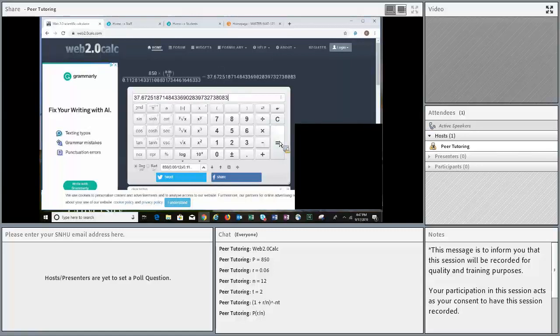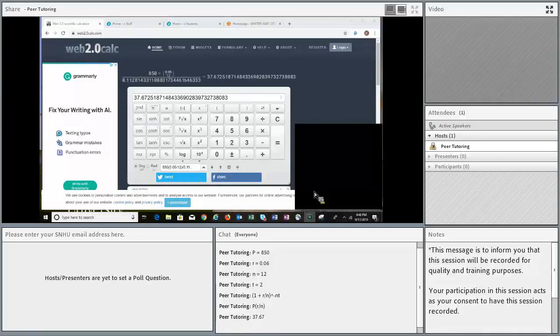So let's click on equals, and I get 37. I'm going to round to the nearest cent, $37.67.